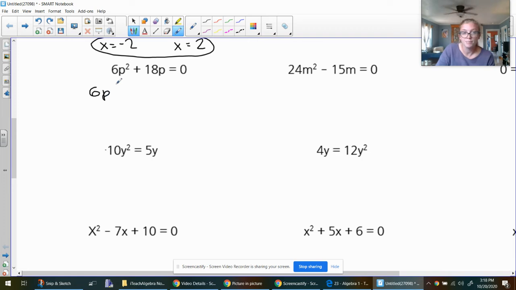So I'm going to divide 6p out, and I have 6p(p + 3) = 0. Now that this is factored, each of these factors, so 6p, can be set equal to 0, and p + 3 can be set equal to 0. That means p will equal 0, and p = -3.